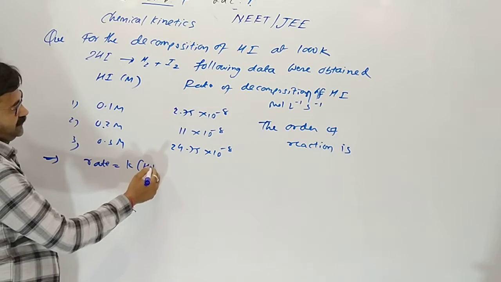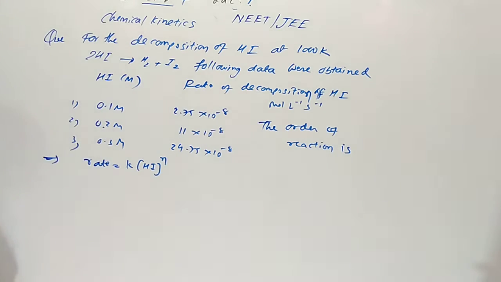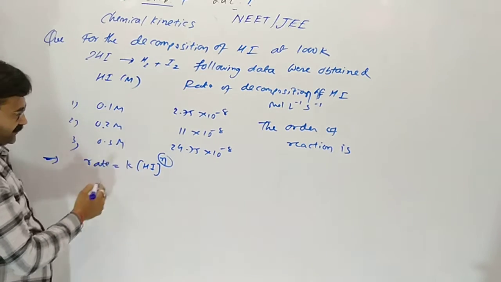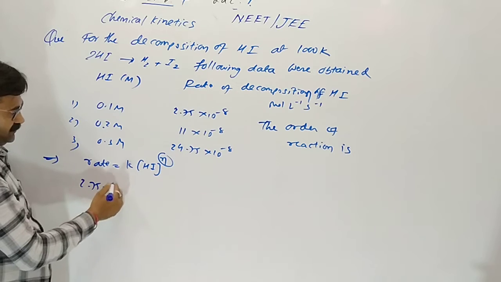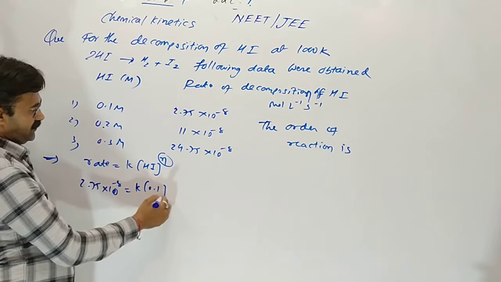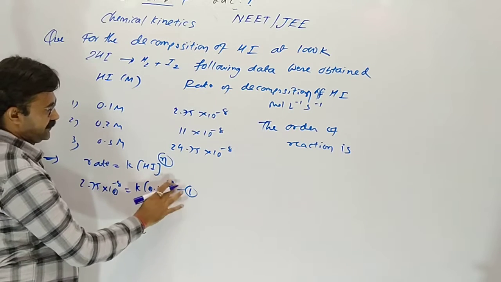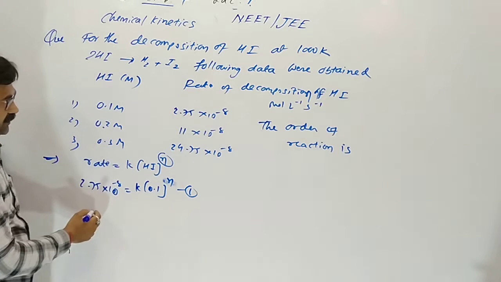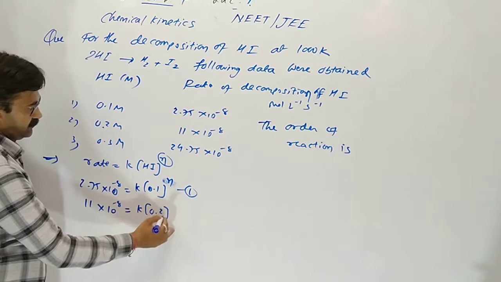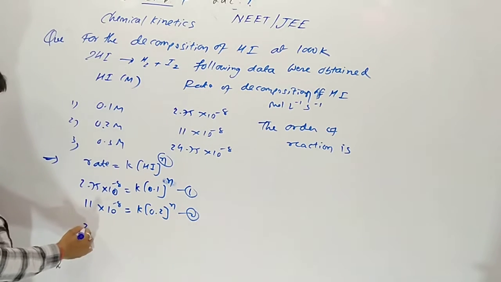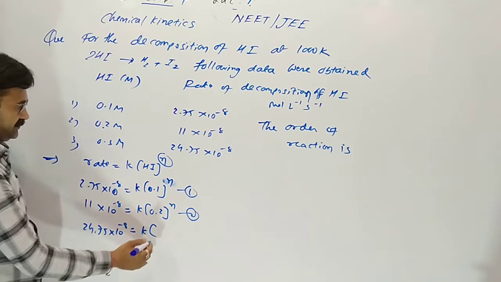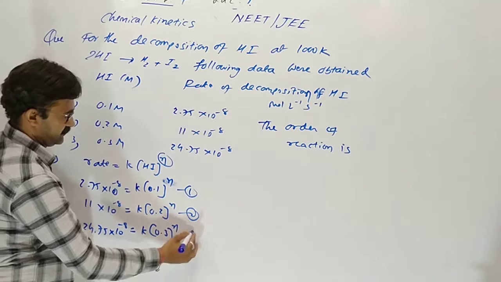Rate equal to k HI raised to n, and we have to derive it. Rate is given. So 2.75 into 10 raised to minus 8 equals k 0.1 raised to n, equation 1. Now 11 into 10 raised to minus 8 equals k 0.2 raised to n. Now 24.75 into 10 raised to minus 8 equals k 0.3 raised to n.